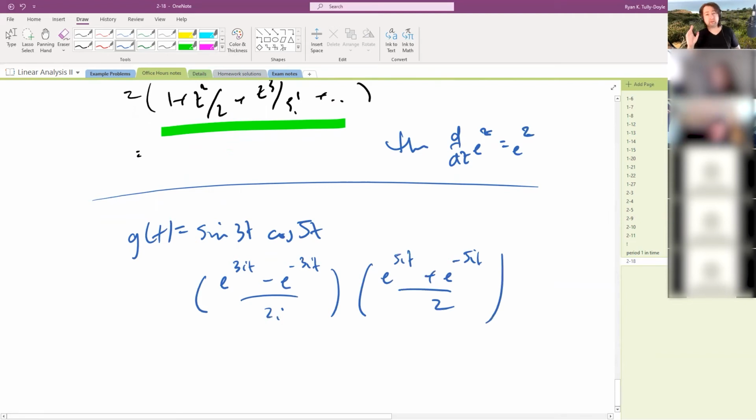Where a lot of people fell down on this question was then they didn't multiply through. You can't just do this and say it's the Fourier series, because it's not. I haven't multiplied this out into individual terms of complex exponentials that are added together.